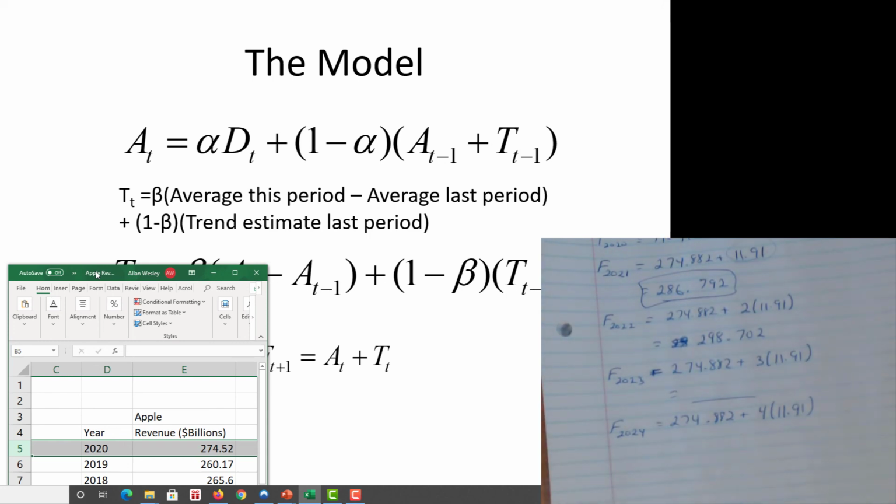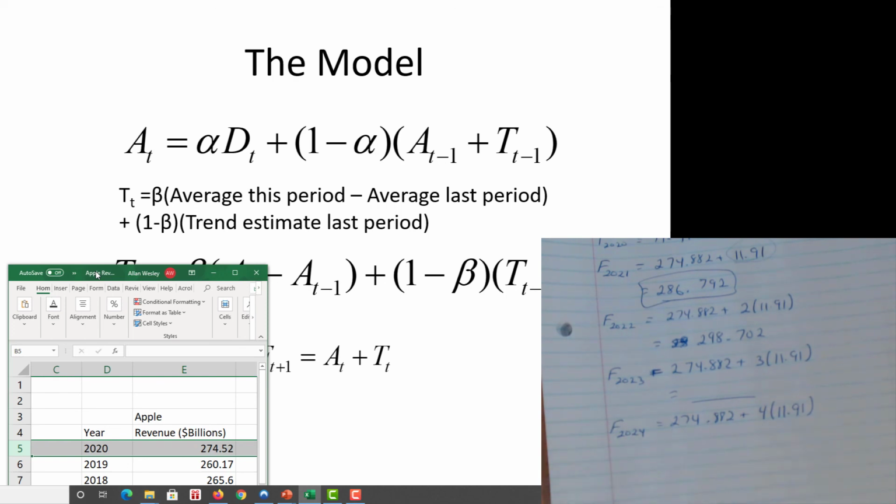It's not an extreme change, we're fluctuating around 11 or 12 billion dollars, but there is some fluctuation. In the future that trend can change as well, depending on how Apple's new product developments work out and so forth.